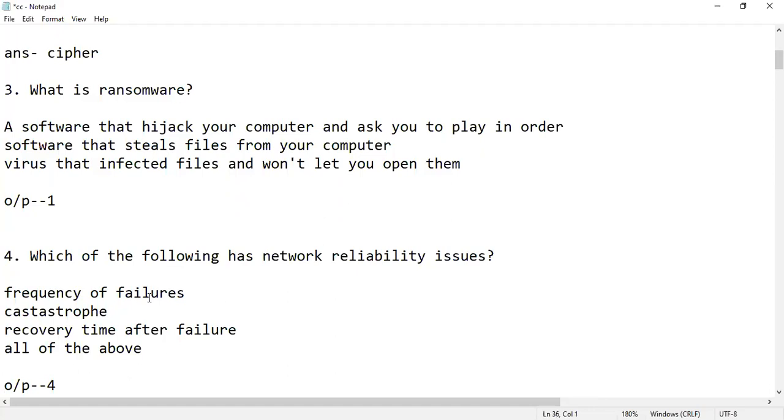Frequency of failure is an issue for network reliability, catastrophe is also a reason, and recovery time after failure is also a reason. So we can go for all of the above.